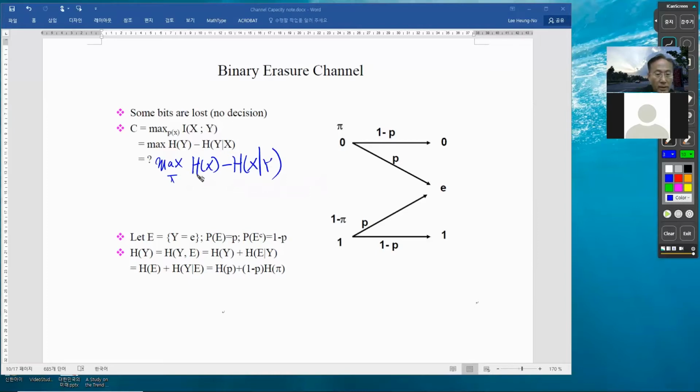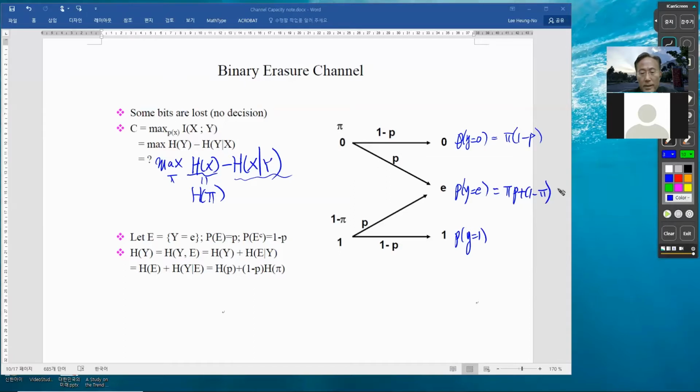And then I immediately note that this is H(pi). All I have to figure out is what this H(X given Y) is. Okay, so writing the probability one more time for Y, we note that this is pi times (1 minus p), this is pi times p, (1 minus pi) times p.